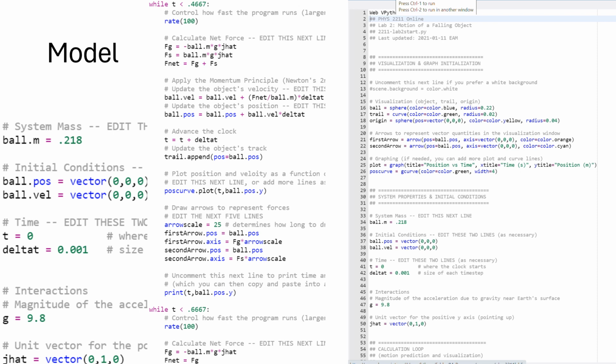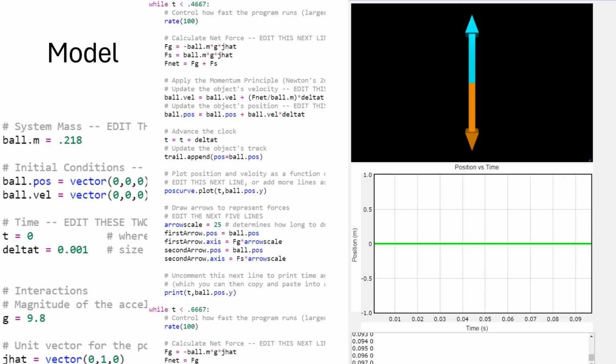And then once 0.4667 seconds have passed, that is the next 0.2 seconds where the center of mass and the bottom of the slinky are at the same point. Therefore, there is no spring force and only the gravitational force is being applied on the slinky. And then we can see the result of that in this video.